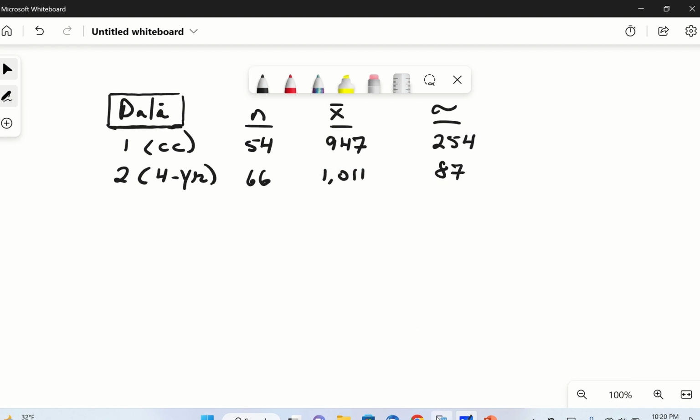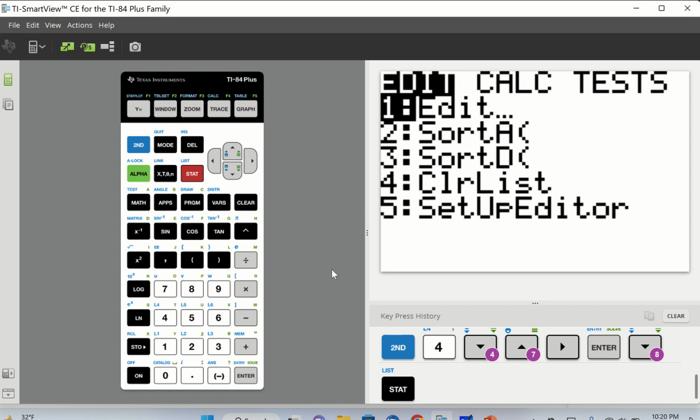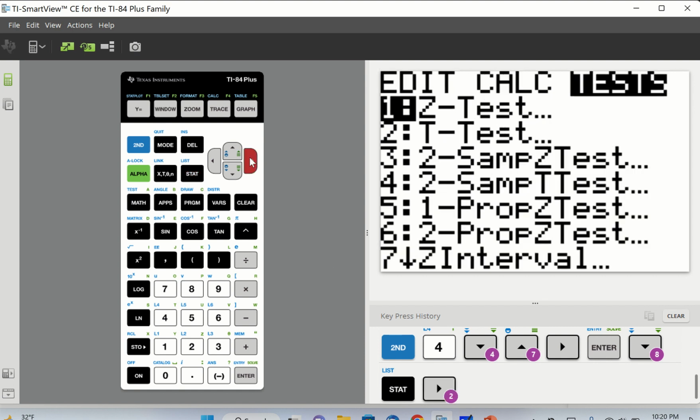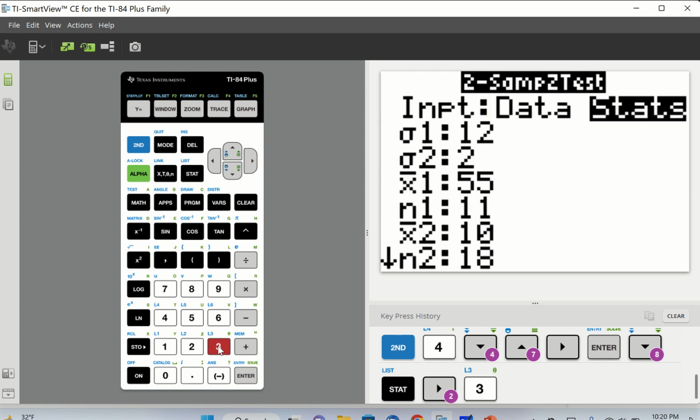Now let's go to our calculator to enter this information. Tests, option 3. We are able to select option 3 because population standard deviation is given, so make sure you're using the right test. Let's type in the information that we have.